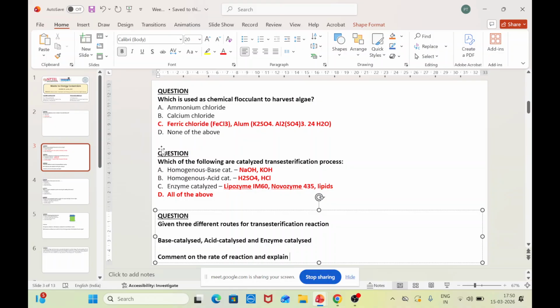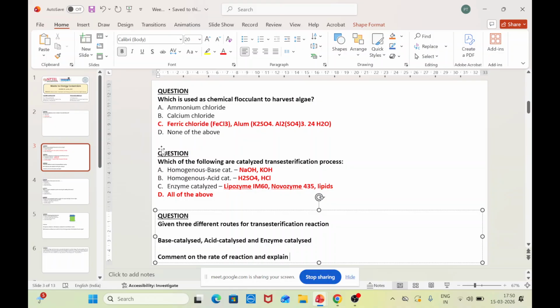But depending upon the type of catalyst, the rate may vary. So what I want to know is, which among the following, base catalyst or acid catalyst or enzyme catalyst, makes the reaction proceed faster?